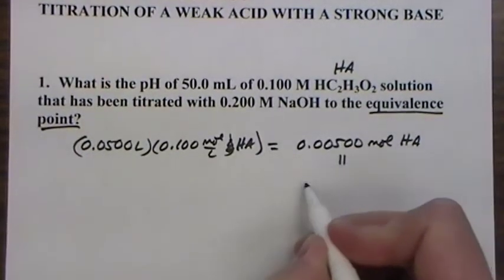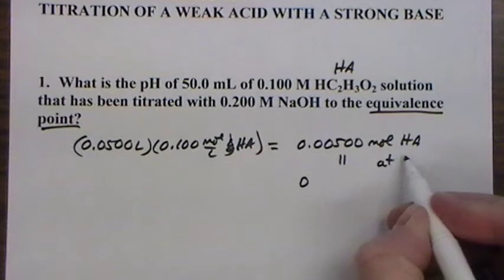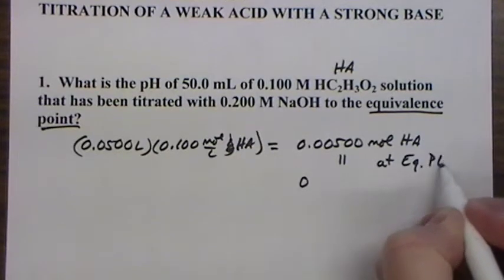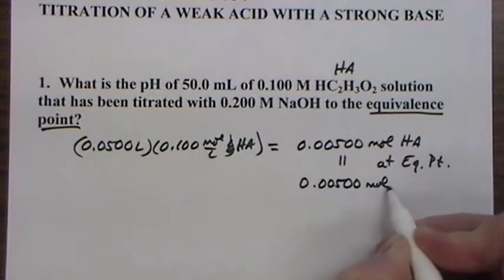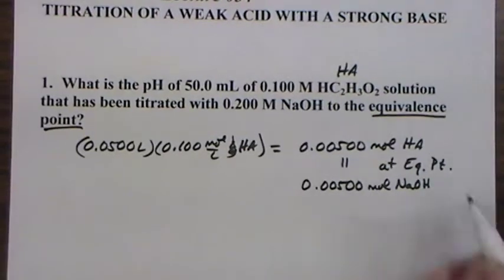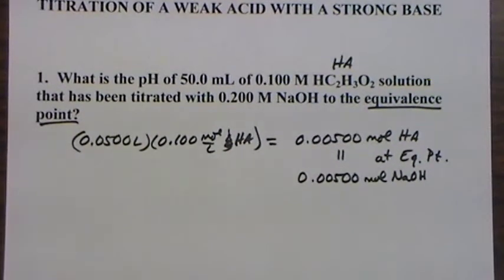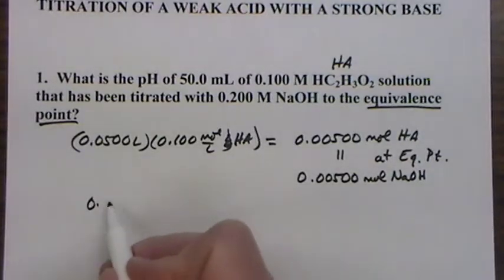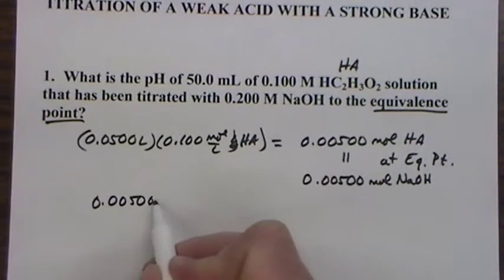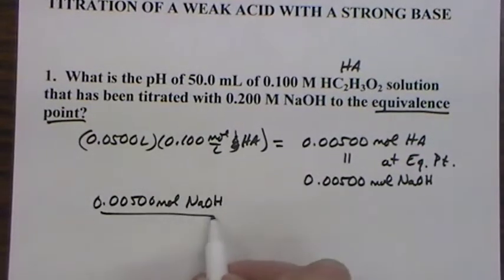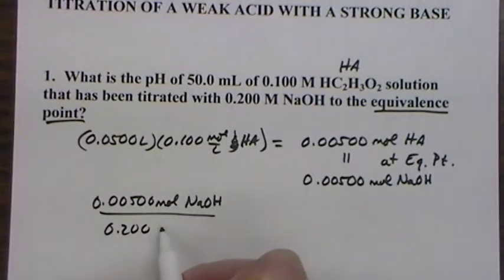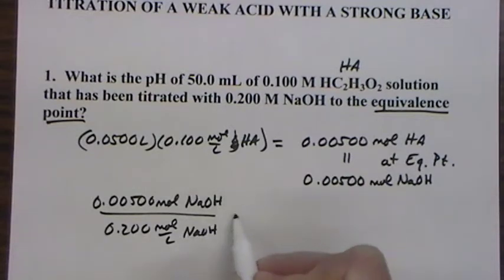At the equivalence point, we're going to have the same number of moles of sodium hydroxide. So if we take the number of moles of sodium hydroxide that have to be present at the equivalence point, and divide by its concentration, we get the volume of sodium hydroxide that we have to add.